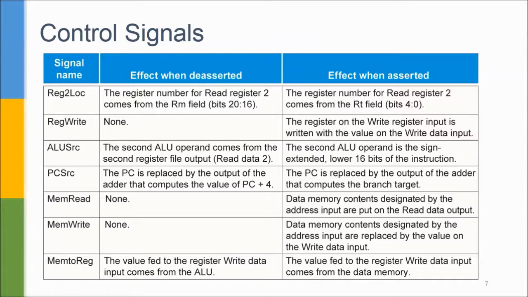So in the first column you may see the signal names, which are Reg2Loc, meaning register to location; second, RegWrite, meaning register write; ALUSrc, PCSrc, MemRead, memory read, MemWrite, memory write, and MemtoReg, memory to register.